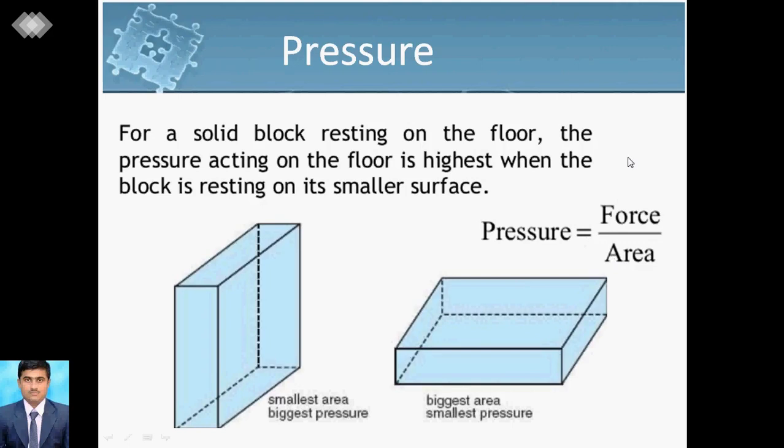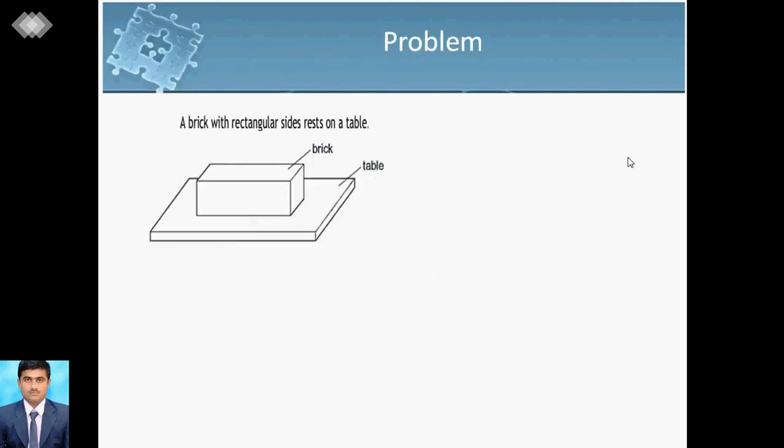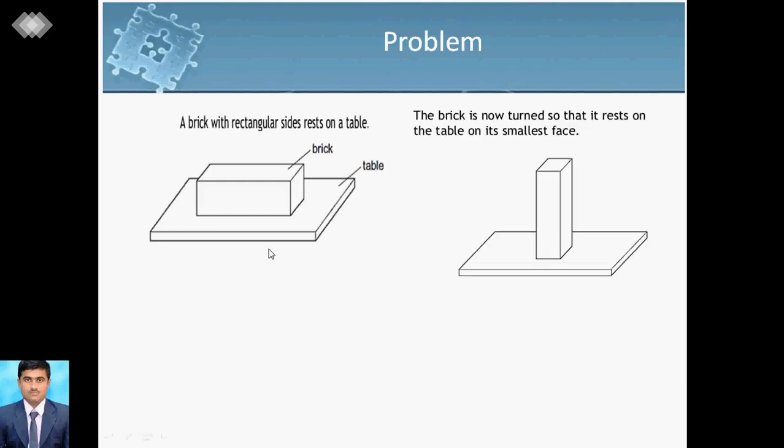We next move to the second problem. Here there is a table and a brick. The brick is placed on a table. If we turn the brick onto another face, what will happen? That face applies the force and pressure.